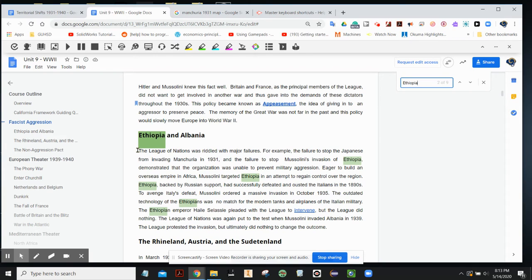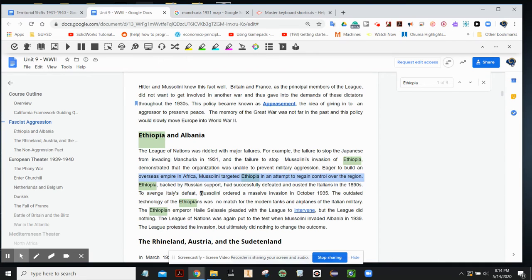Oh, look at it. The League of Nations was riddled with major failures. For example, the failure to stop the Japanese who invaded Manchuria in 1931 and the failure to stop Mussolini's invasion of Ethiopia demonstrated the organization was unable to prevent military aggression. Eager to build an overseas empire in Africa, Mussolini targeted Ethiopia in an attempt to regain control over the region. Ethiopia, backed by Russian support, had successfully defeated and ousted the Italians in the 1890s.